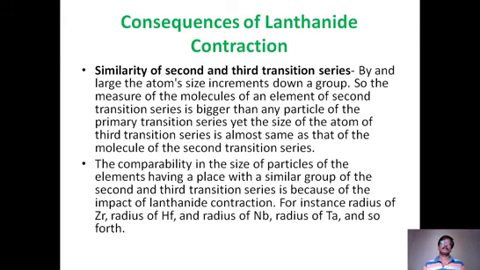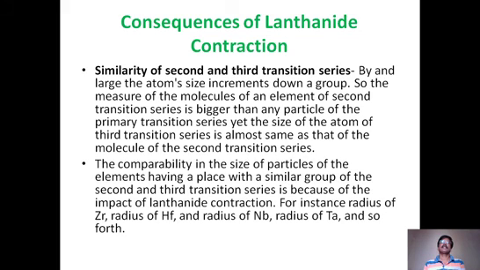What happens due to this lanthanide contraction? The reason we are taking this so seriously is because of the 3d, 4d and 5d series. There are three d series: the 3d series, 4d series, and 5d series.